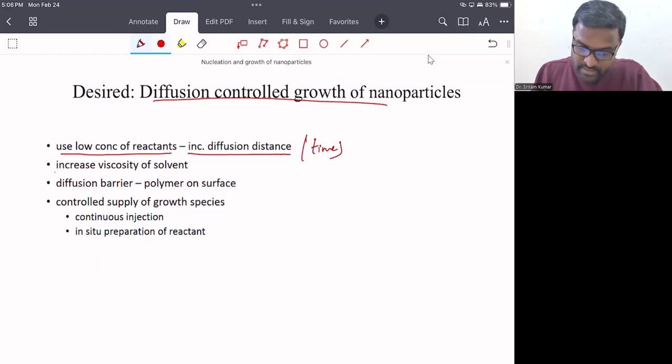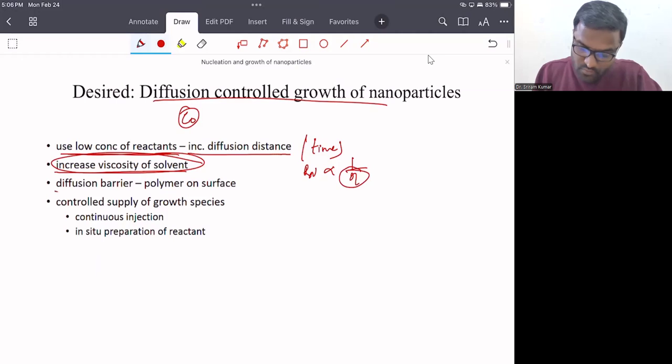The second is the increased viscosity of the solvent, because we understand the rate is about 1 by eta. So in the diffusion control process, we need to play with the concentration. We need to use a low concentration of reactant, and at the same time a higher viscosity of the solvent.